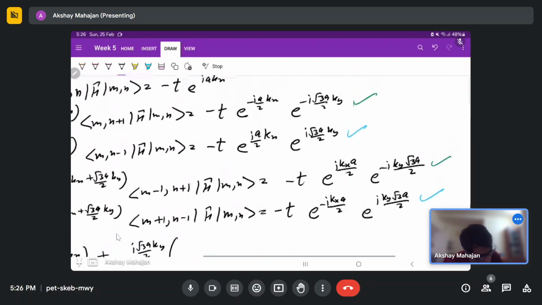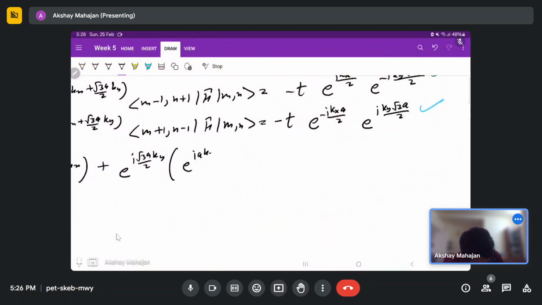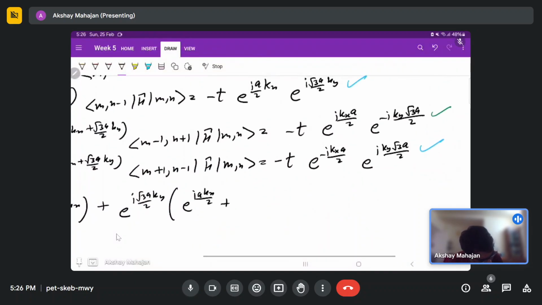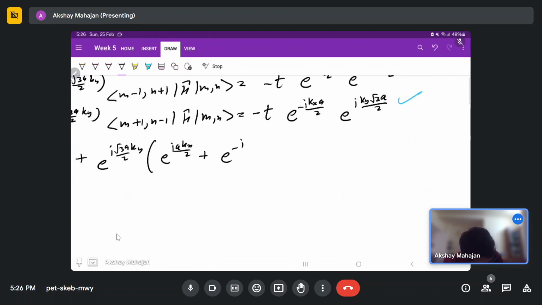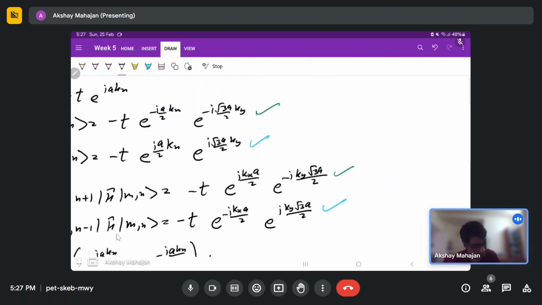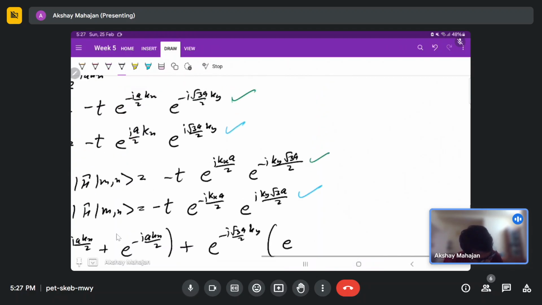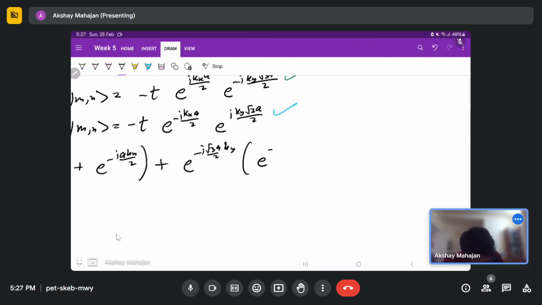And I will have e to the power iota akx by 2 plus e to the power minus iota akx by 2. Similarly, from the green ones, I can take e to the power minus iota root 3a by 2 ky as common, and the summation will be e to the power minus iota a by 2 kx plus e to the power iota kx a by 2.